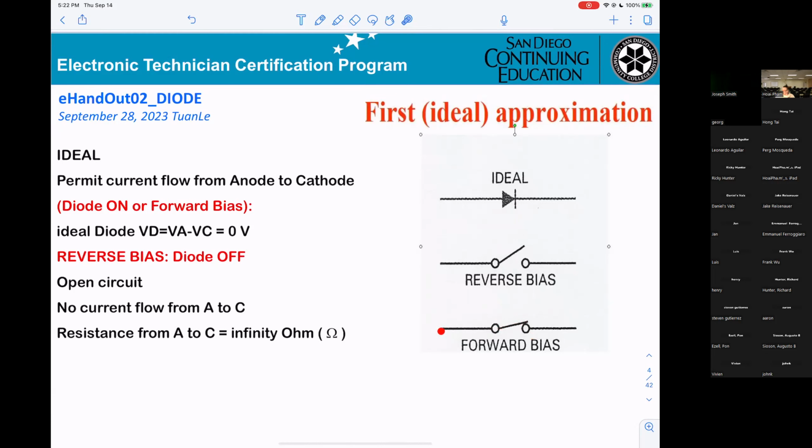Current can be flowing from anode to the cathode. So very simple thing. When you're working with the diode, if you don't know whether the diode will be on or off, you cannot solve any question, anything.